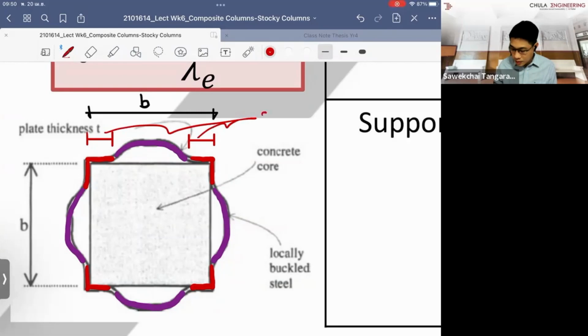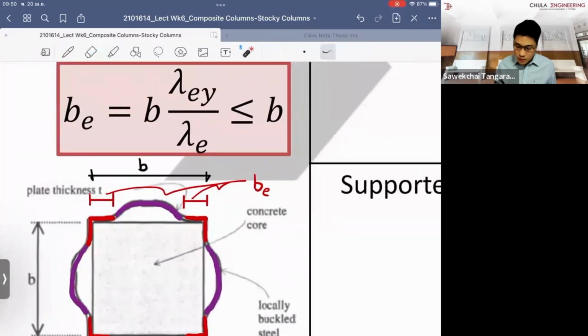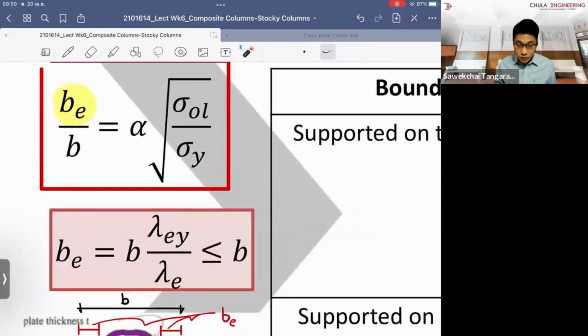In this case, because it's symmetric, this is BE, so the sum of those two. So we want to look at the fraction of the effective area that still works very well, so it hasn't been buckled. So that's why the ratio of BE over T is what we have to find.